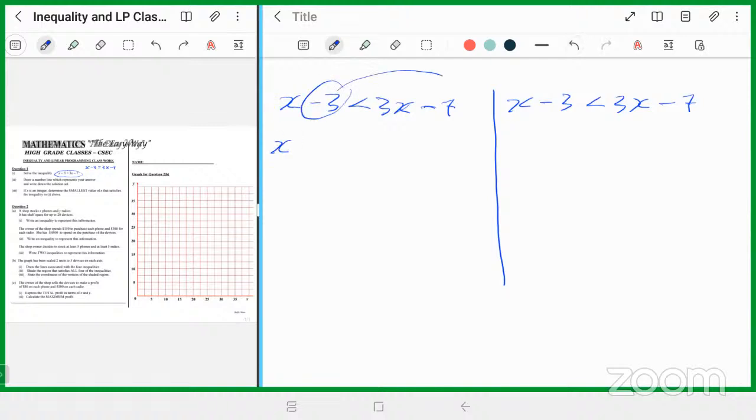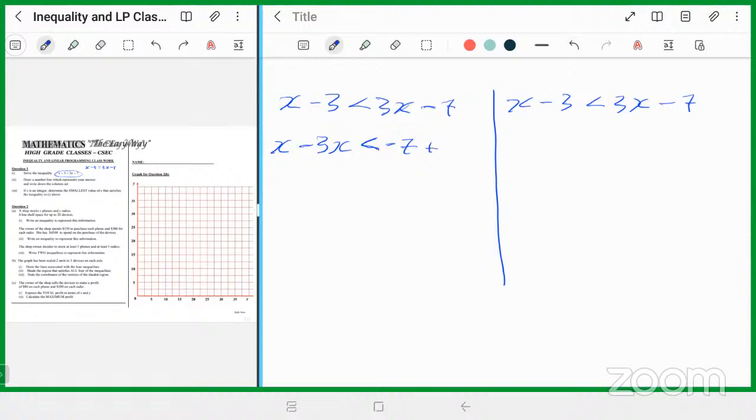The 3 will go over to that side, but I'm not putting it there yet. I take this 3x and transport it onto this side, and it becomes negative 3x. The sign remains less than because I did not multiply or divide with a negative number. The negative 7 remains on this side. Then the 3 comes over and becomes a positive 3.